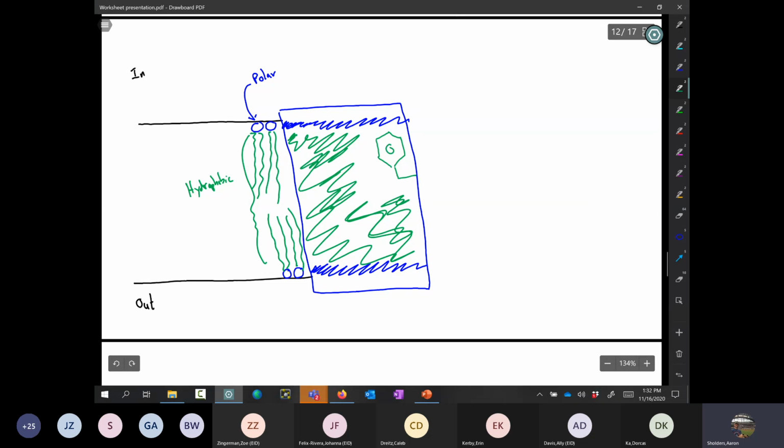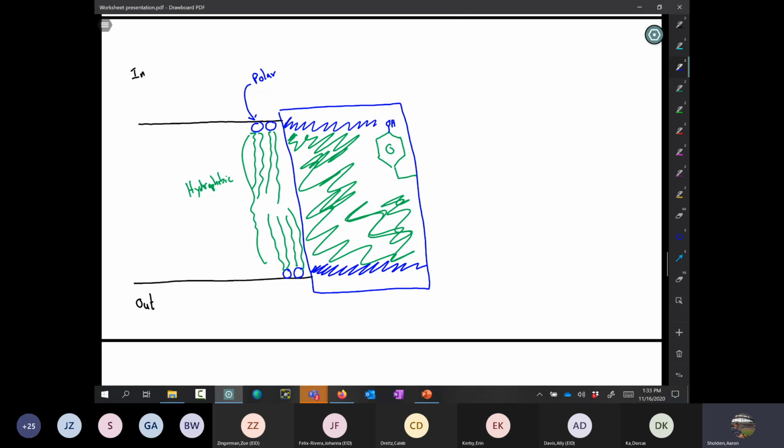That's a tyrosine side chain. Notice that it's got this aromatic ring that's very hydrophobic, but then it has this hydroxyl group. It has a hydroxyl group that is hydrophilic.